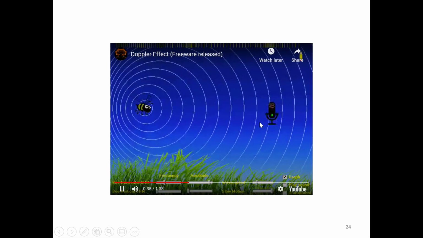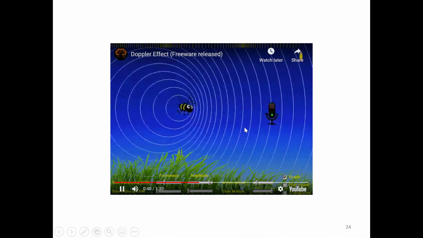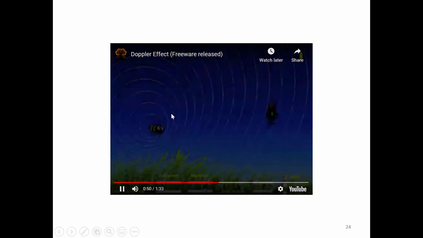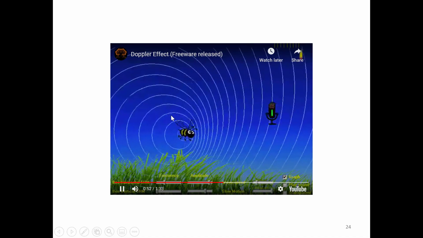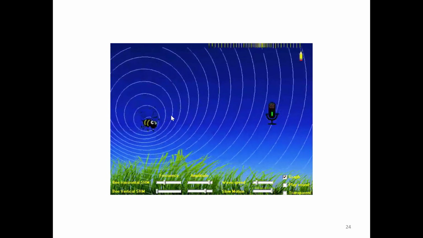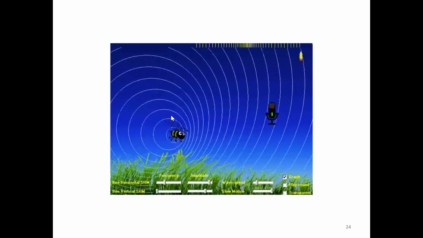But if B is moving far from the observer, we will see there is an increase in the wavelength that is happening now, and then there will be a decrease in the frequency. And this is why the Doppler effect is related to the shift in frequency when either the observer or the source of sound is moving.